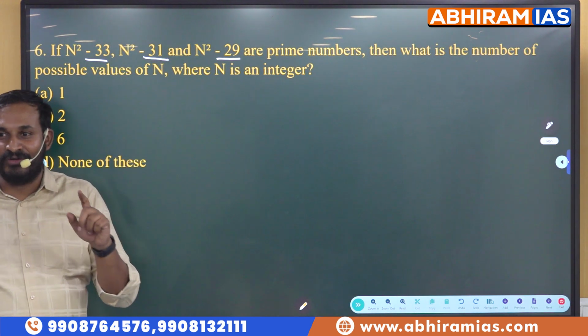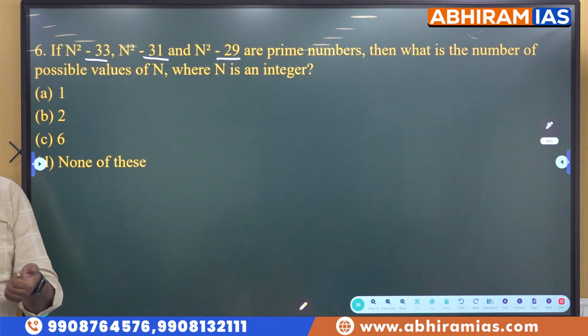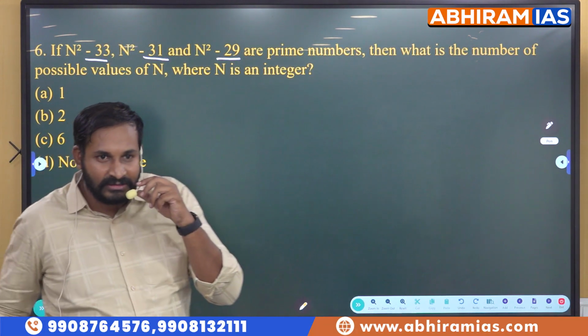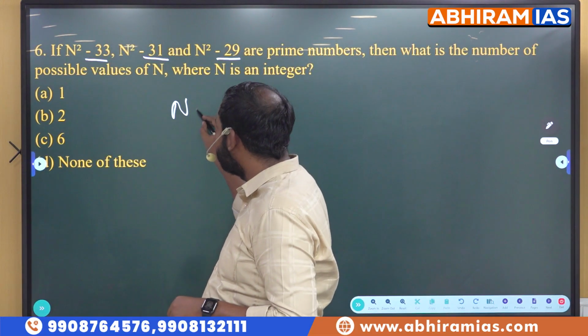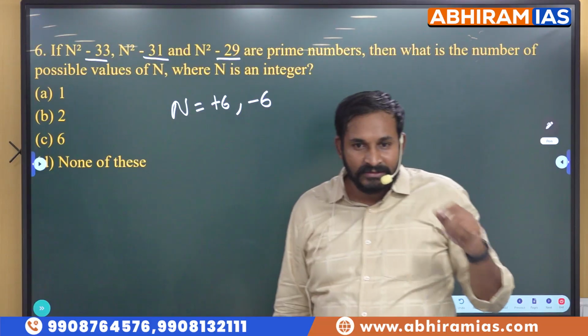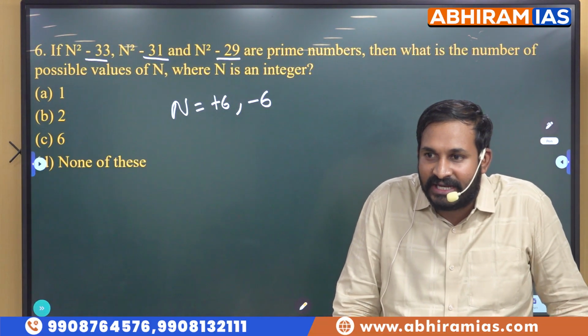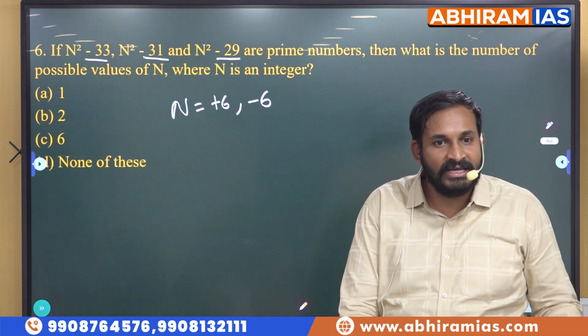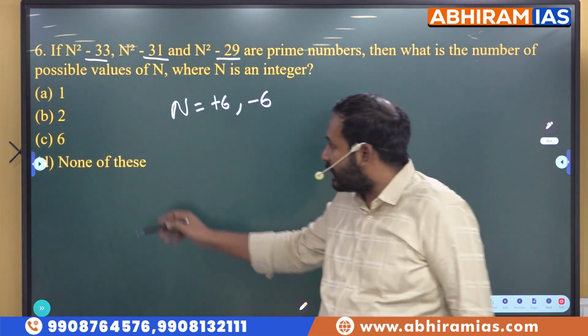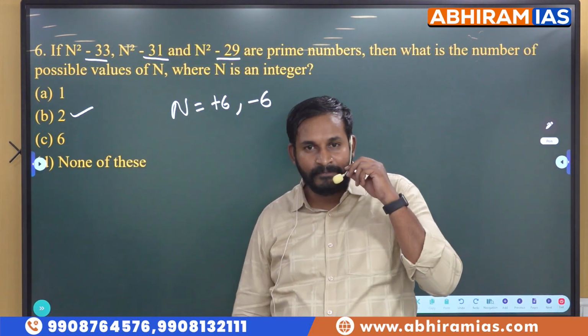So you take plus 6 square or minus 6 square, both are positive. I can take n as both plus 6 as well as minus 6. Anyway, when you square it, both the values will become positive. So here our answer becomes 2.